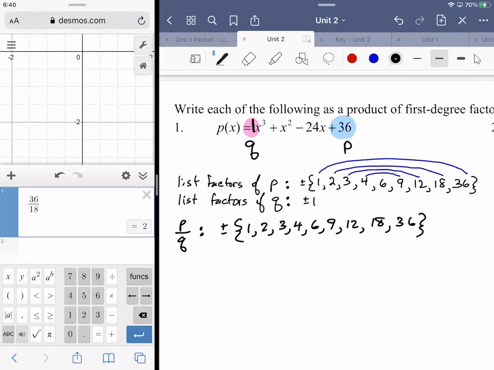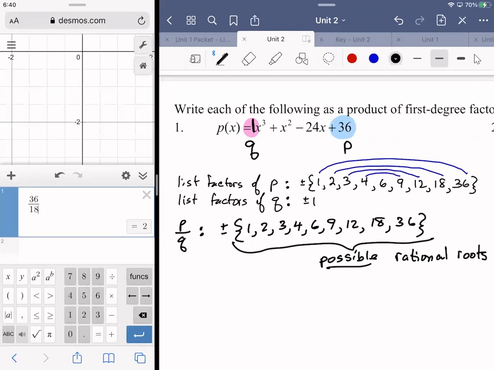All right. So this would be the list of possible rational zeros or rational roots. All right. This is a list of possible rational roots, meaning if there is a rational root, and remember, rational numbers in general are numbers that can be expressed as a ratio.